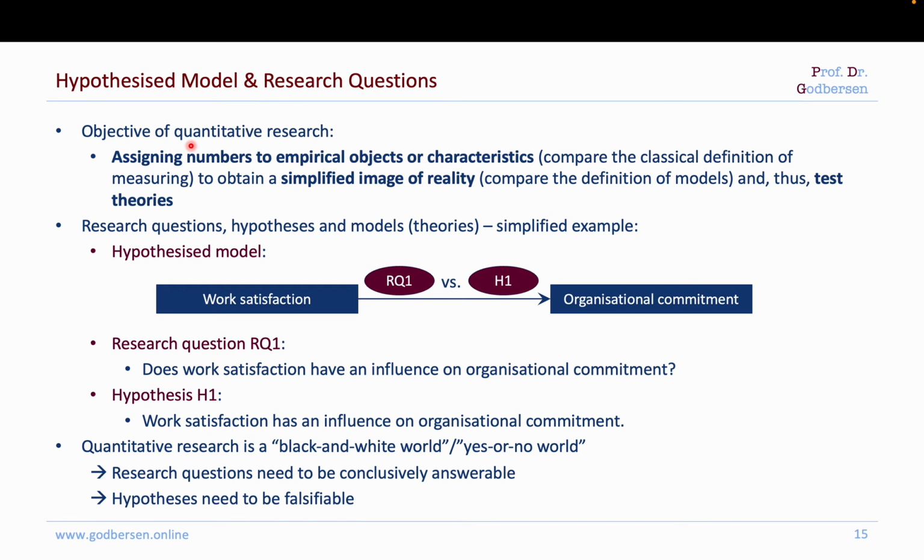Male, female, non-binary. Whatever is ticked, if male is ticked, the online questionnaire tool will write a 1 into the dataset. If female is ticked, then the tool will write a 2 into it. And if non-binary is ticked, there will be a 3 in the dataset. That is assigning numbers to empirical objects or characteristics. That is the definition of measuring.